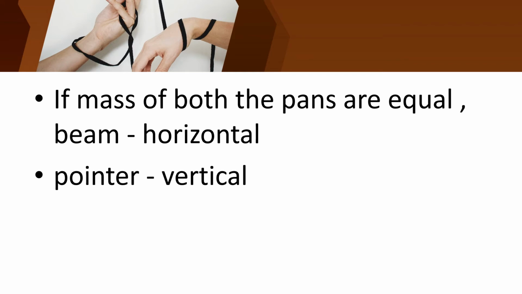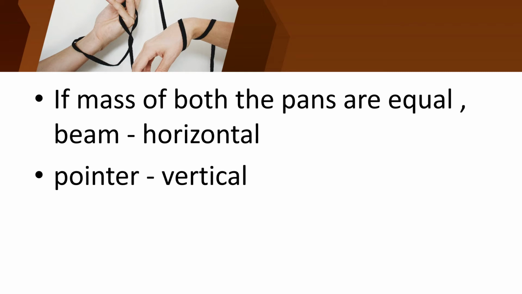I have shown you in the animation, if both the pans are at equal level, only then will you get the accurate measurement. And also the beam should be horizontal. While measuring, make sure that the two pans are equal and the beam is horizontal.